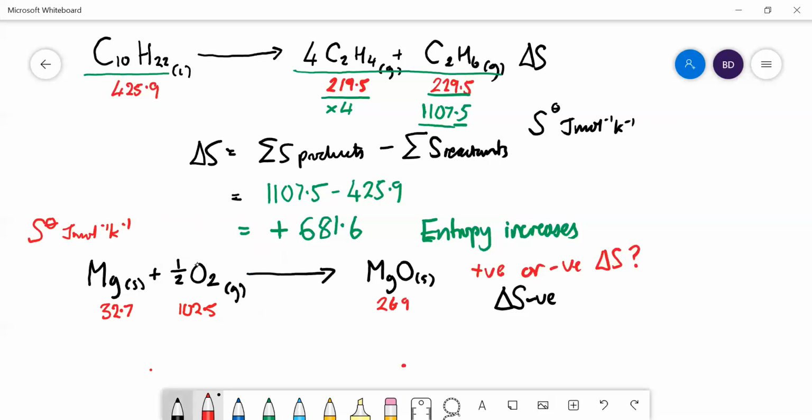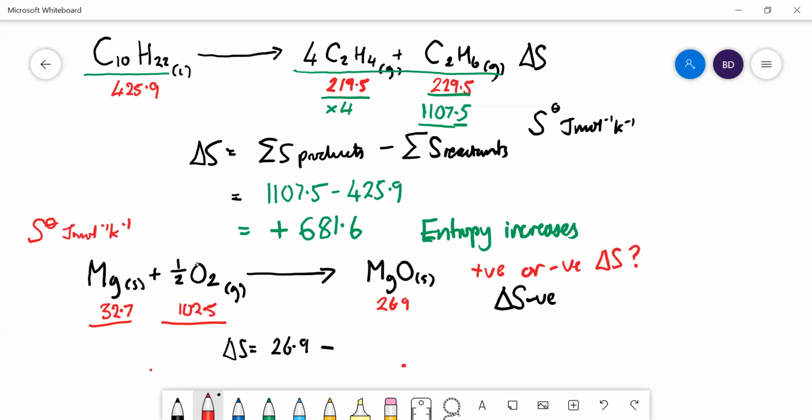So what is delta S for this reaction going to be equal to? Delta S is going to be equal to 26.9 minus, let's add those two together, 32.7 and 102.5 gives us 135.2.